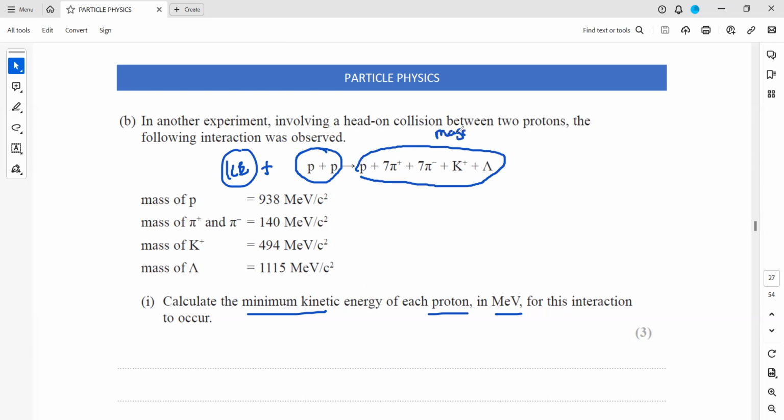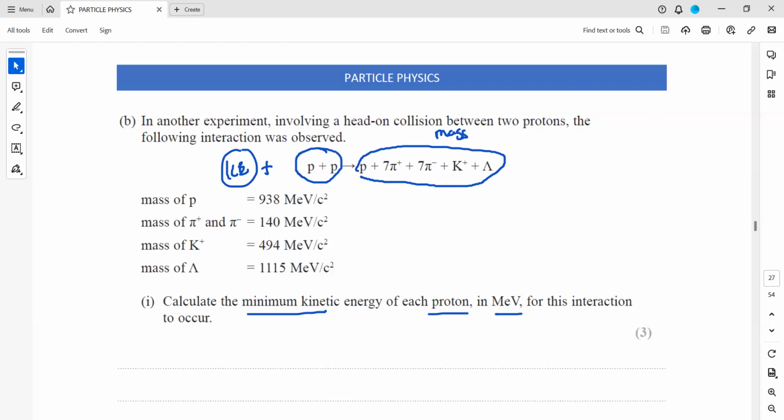So what is the equation here? The kinetic energy of the two protons plus the mass of the two protons produces the mass of these particles. We assume they are not moving.